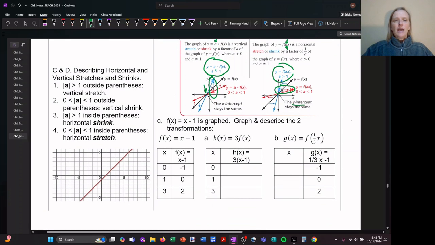So let's look at our parent function again. We've got x minus 1 is our parent function. So if I just label some of these points at 0, -1 is my circle, 1, 0 is my square, and 3, 2 is my triangle.